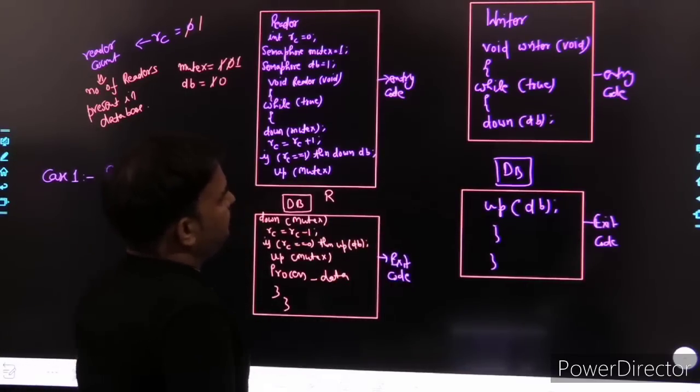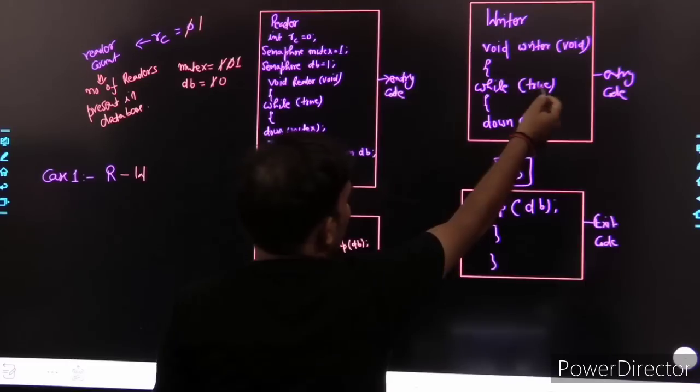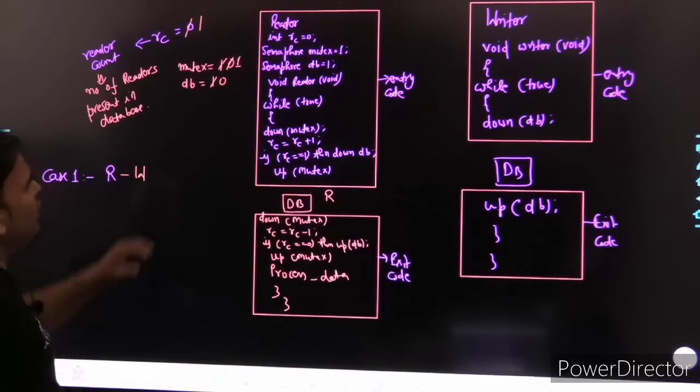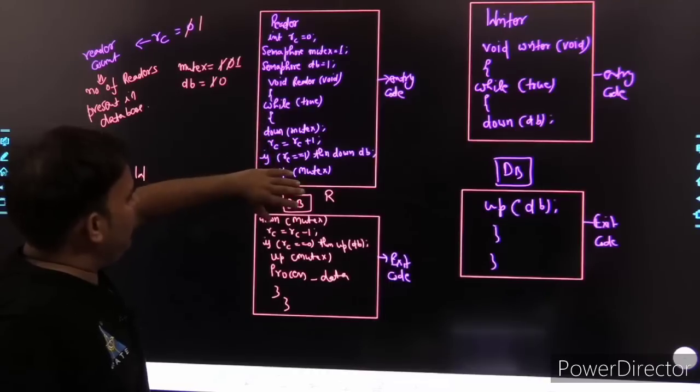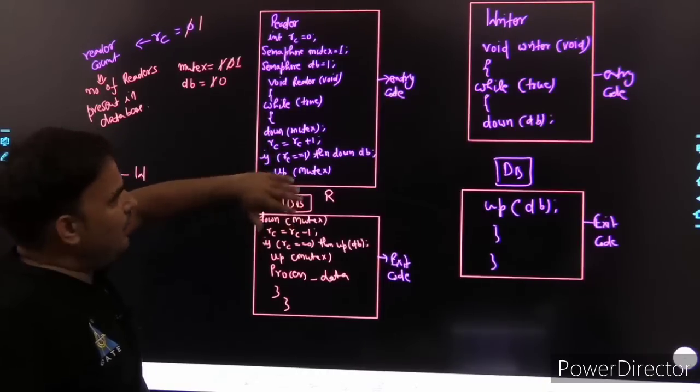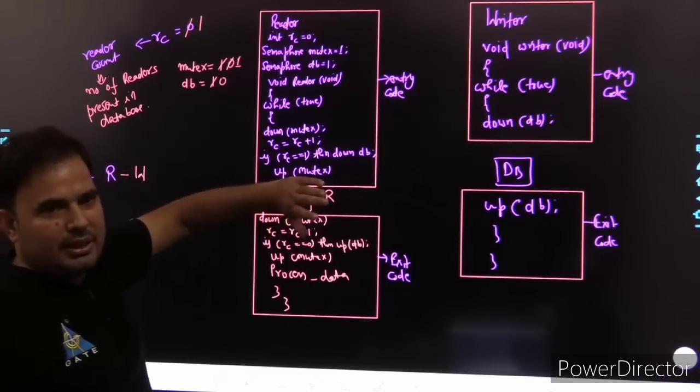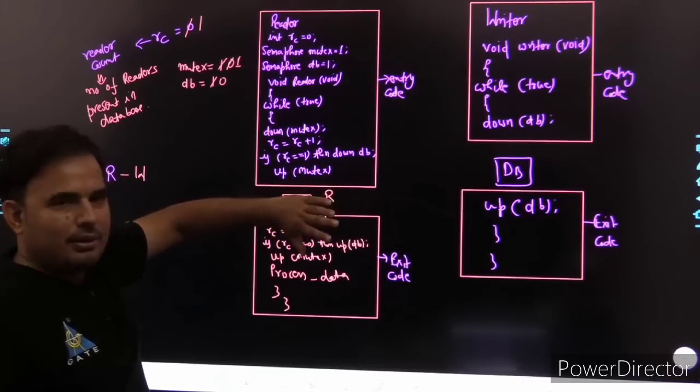While true, down of DB, my dear friends. So DB is what? 0. When the reader is reading the database, suppose a writer came and also wants to make changes in the database at the same time. Is it possible?